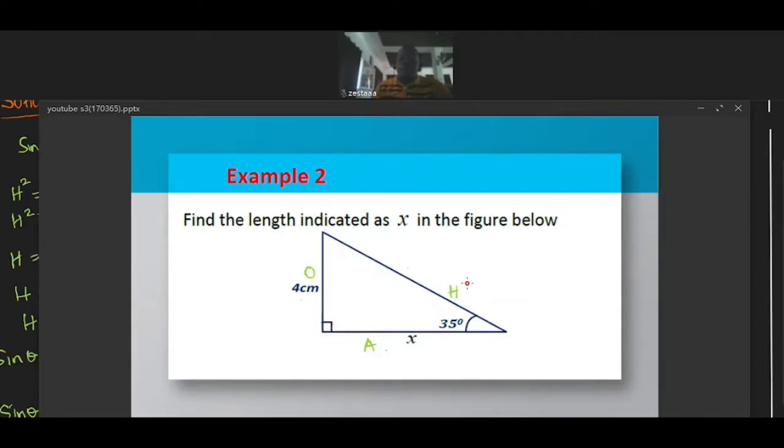Okay, so here, because we do not have the adjacent and we don't have even the hypotenuse, meaning whatever we are going to use, remember our cos, our sine, and our tan. So we said our cos is adjacent over hypotenuse, our sine is opposite over hypotenuse, and our tan is opposite over adjacent.